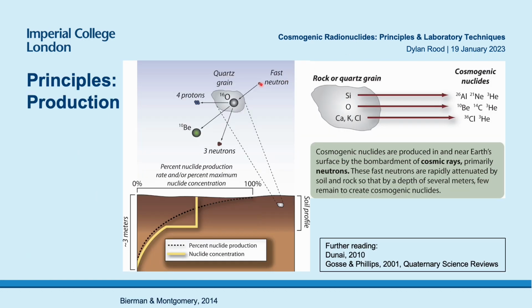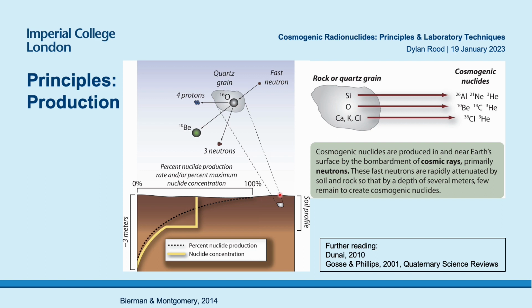I'll begin by discussing some of the principles behind cosmogenic radionuclides. First, their production. Cosmic rays are constantly bombarding Earth from outer space. Those cosmic rays enter Earth's atmosphere and produce secondary particles, including fast neutrons and muons, which have high enough energy to disrupt the nuclei of elements contained within crystal lattices of minerals.